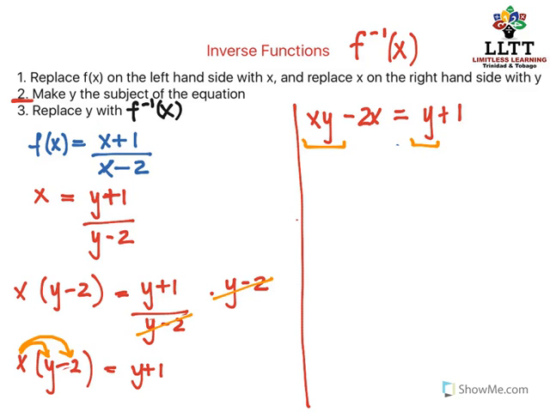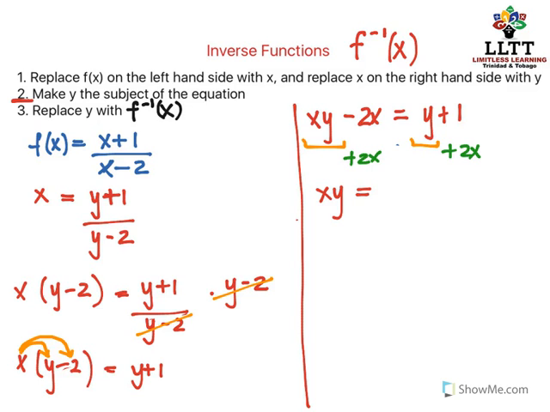So anything that is not involving a y on my left hand side, I need to get rid of. The only thing that doesn't involve a y on my left hand side is that negative 2x. So in order to get rid of negative 2x, I'm going to add 2x to both sides. Okay, so on my left hand side, I now have xy minus 2x plus 2x is going to be 0.